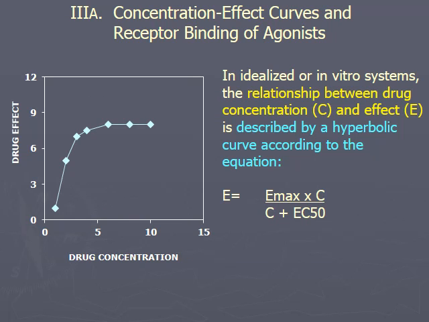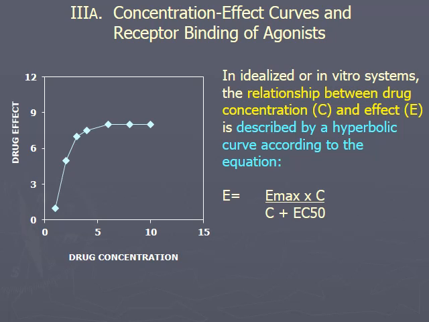And that curve is a hyperbolic function. And the hyperbolic curve is actually described very closely by this equation. On the right, the effect of a drug at a particular concentration is directly proportional to the concentration and inversely proportional to something called EC50. This type of relationship is a hyperbolic curve.